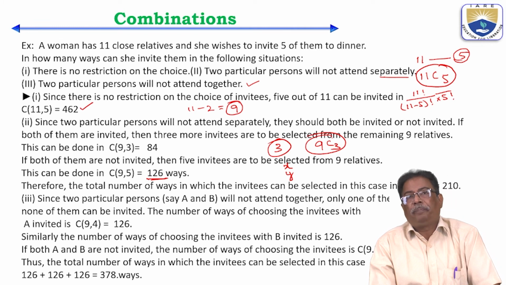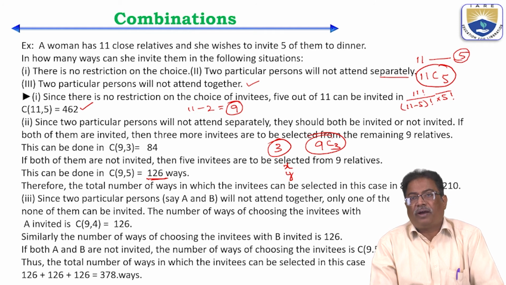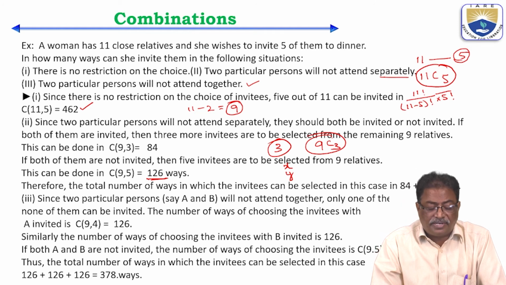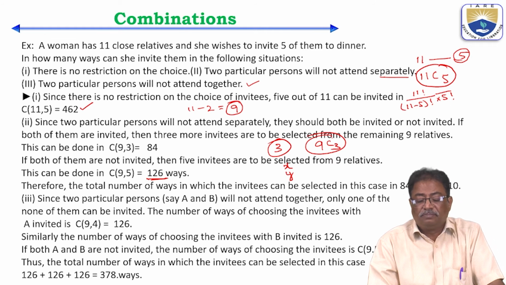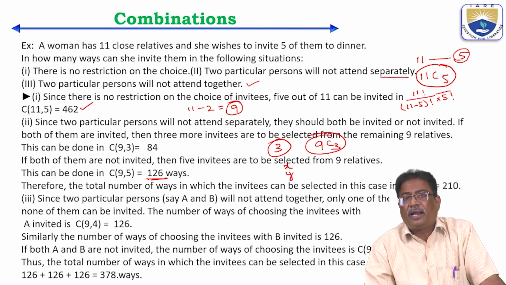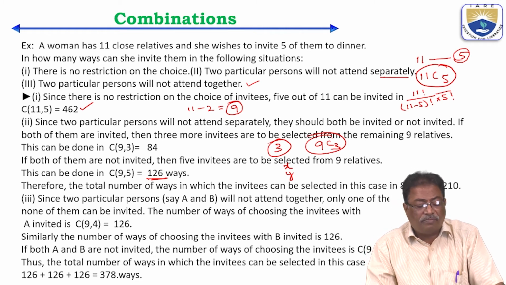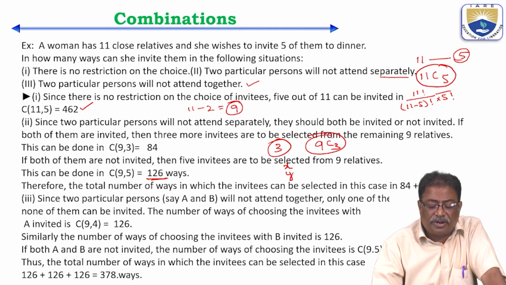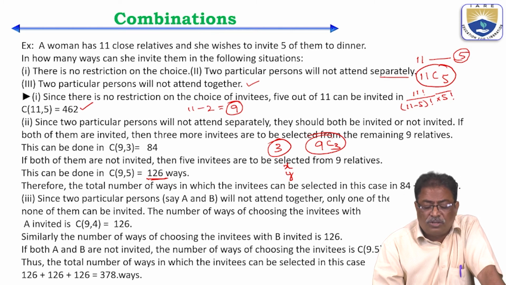So she is going to invite either X and not Y, and next, Y and not X. And the other thing is, she does not invite both.